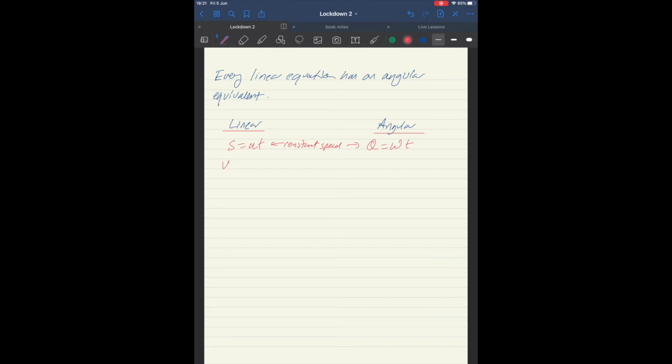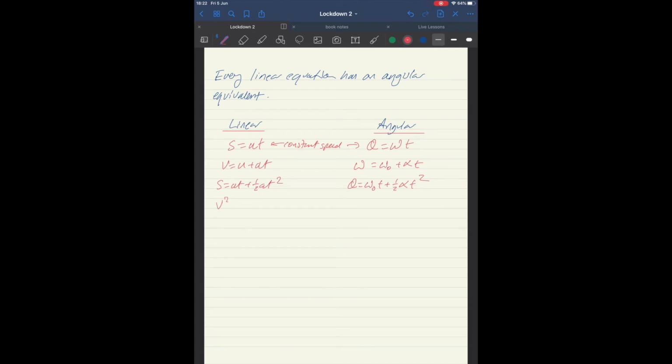We also have v equals u plus at. Now if it's accelerating, there's obviously four we need to deal with. So the way we write this is omega equals omega naught plus alpha t. Alpha is the angular version of acceleration. We also know s equals ut plus a half at squared. So that becomes theta equals omega naught t plus a half alpha t squared. So there's nothing really new there.